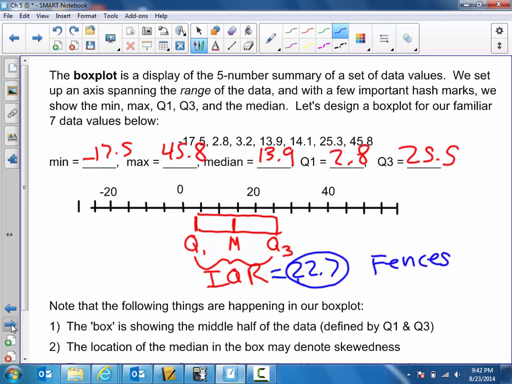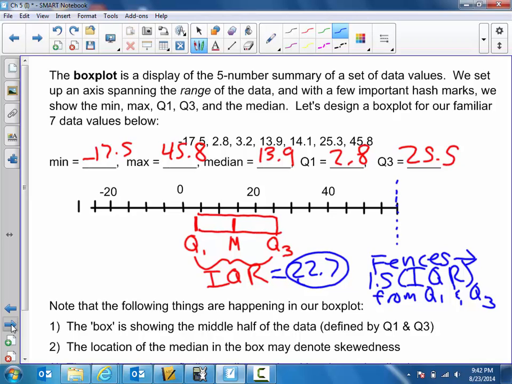Okay, so fences are, let's see how to write this, 1.5 times IQR from Q1 and Q3. Okay, so 1.5 times that 22.7, approximately 23, we said was 34.5. Add that 34.5 to quartile 3 and you get 60.